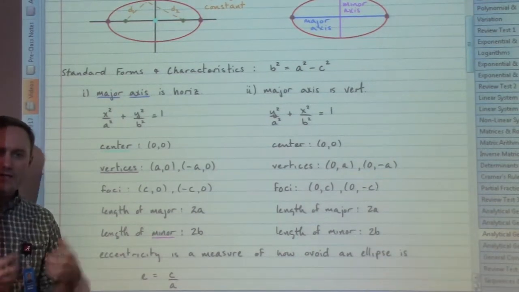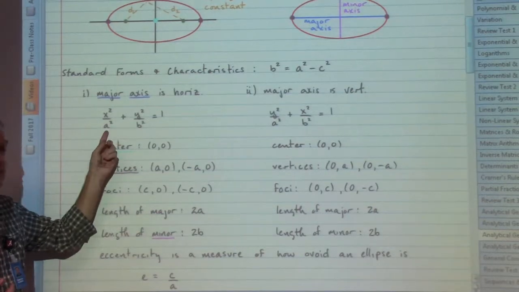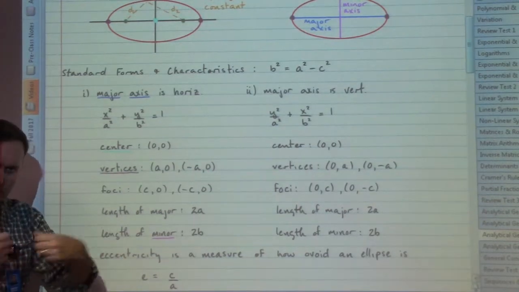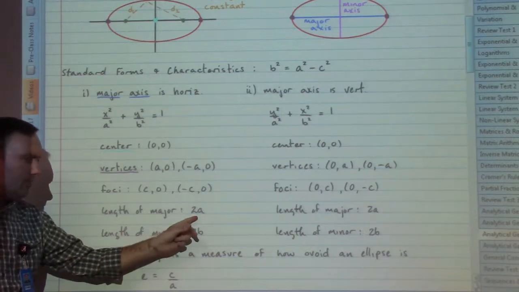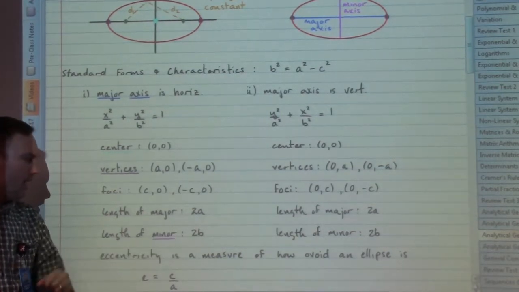The length of the major axis is going to come from the A that was underneath the x squared. Horizontally oriented, the major axis is 2A.